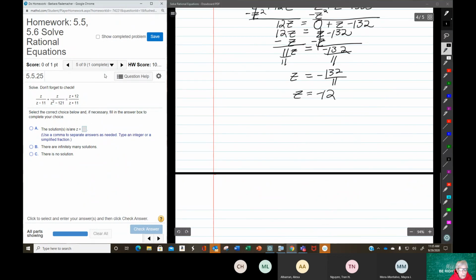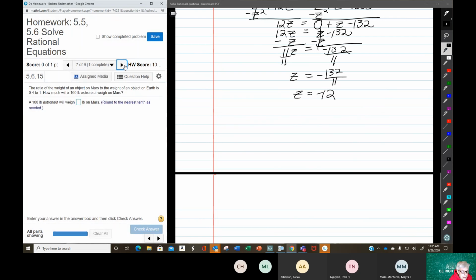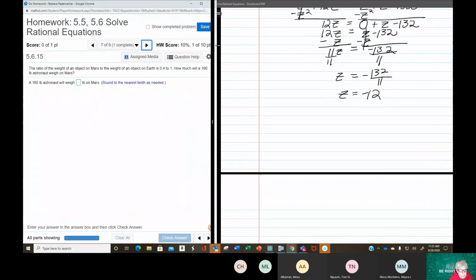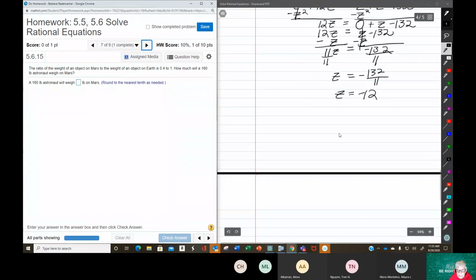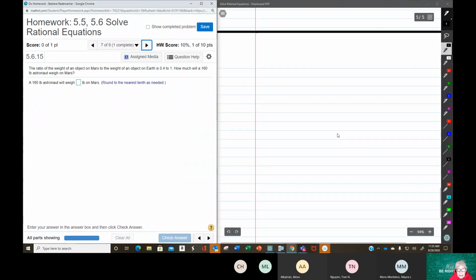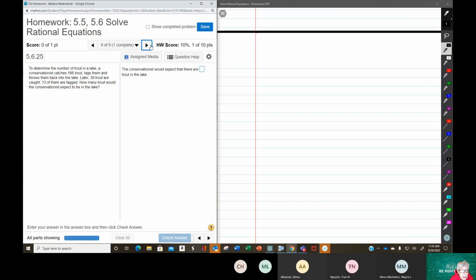Okay, we've got time for one more. What is the ugliest, dirtiest problem? Oh, okay, let's do some word problems, although they are not ugly and dirty. Let's look for one that is the most likely to be on the final exam. I've seen this one on the final exam.